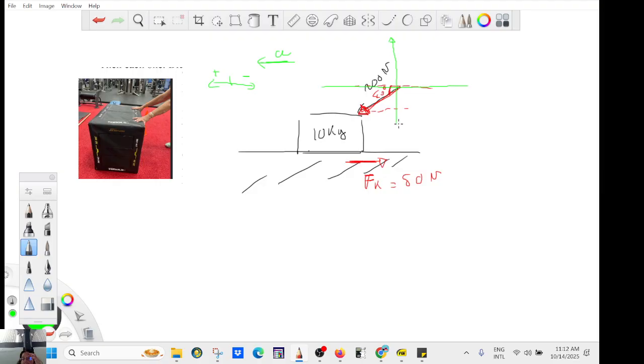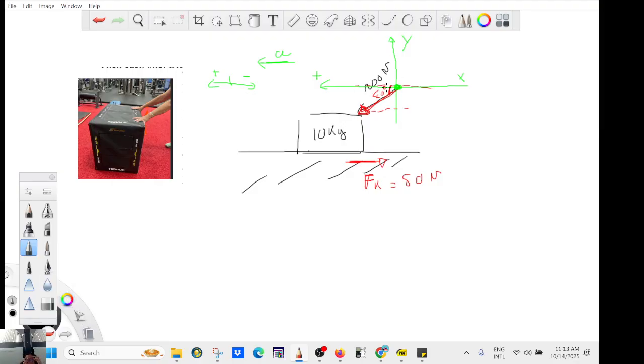But remember that you can attach a cross at the tail of a vector, so you know how to find its component. I'm going to take this way to be positive. That's going to be my x-axis, and that's going to be my y-axis. Agree? Yes?